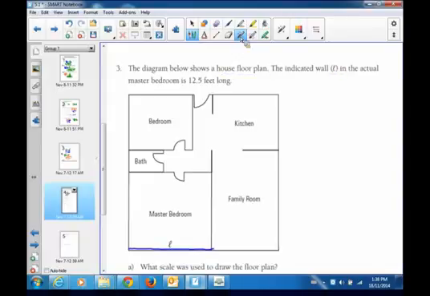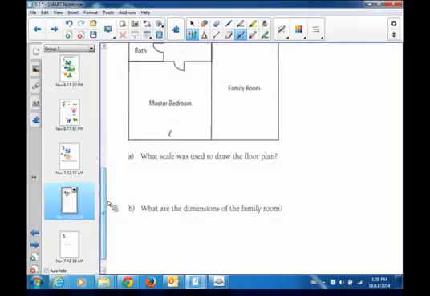So then you would say whatever you measure, 5 centimeters, 5.3 centimeters, be accurate, 5.3 or whatever you get, is 12.5 feet. And then come up with your scale lengths and stuff like that. What is the dimension of the family room? Things like that. Okay?